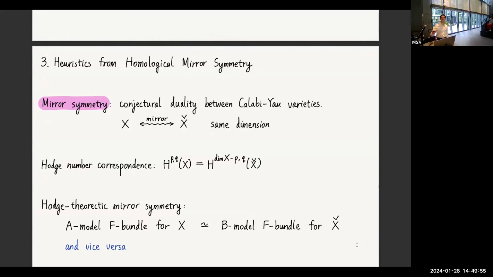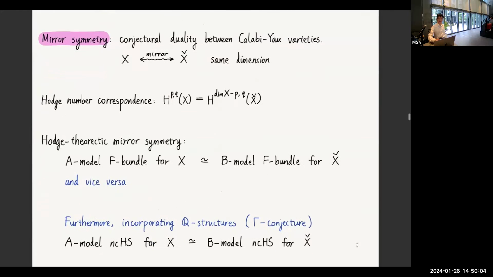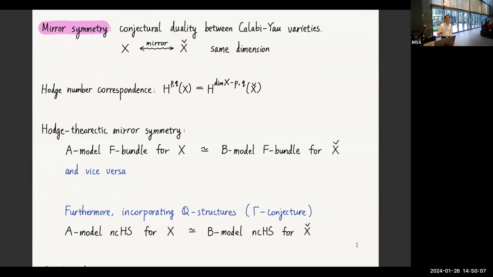And of course, if we add more structure, like the lattice structure, if we incorporate the Q structures, we obtain the so-called NC Hodge structures, and it gives us the conjectural relation that the A model NC Hodge structure for X is equivalent to the B model NC Hodge structure for X check.